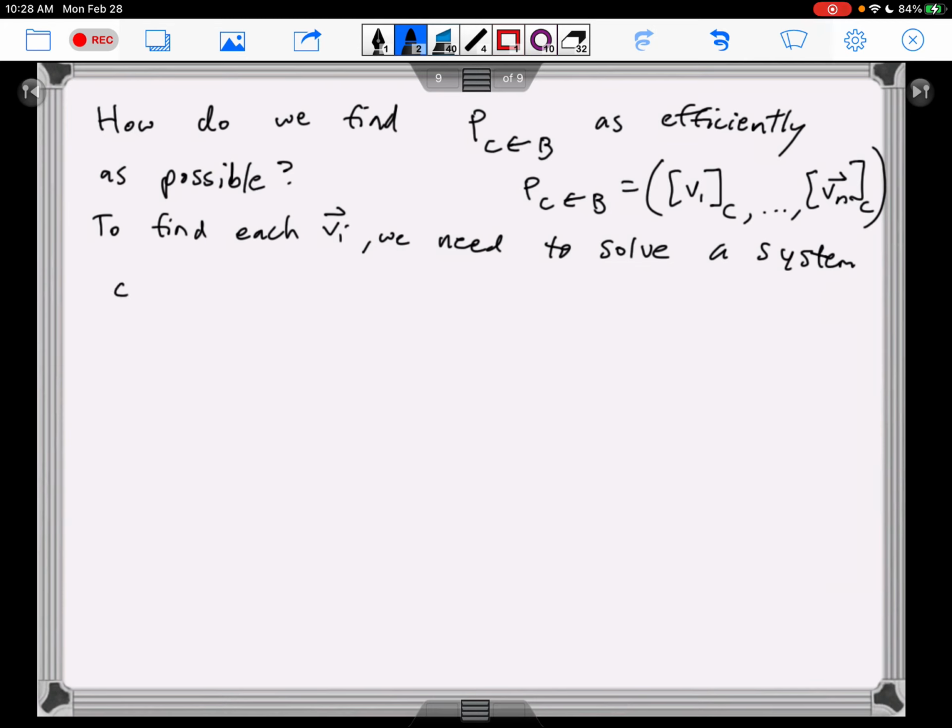So I guess I should give the basis elements names, okay? This is just a reminder here. Remember, B, we're going to call the V's, and C, we're going to call the W's.